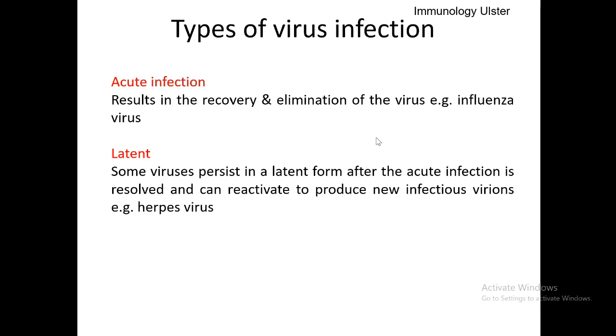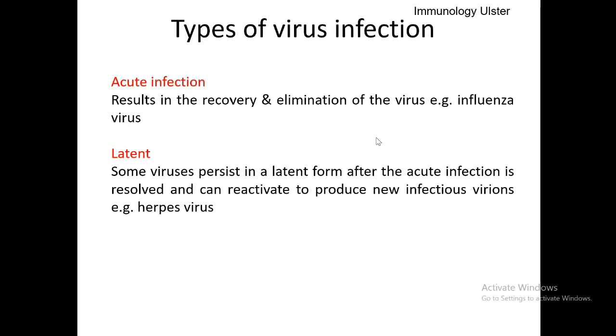You'd probably associate this with the herpes virus for things like cold sores, where you get infected, you manage to get it under control, but what the virus actually does then is hide out in the central nervous system.